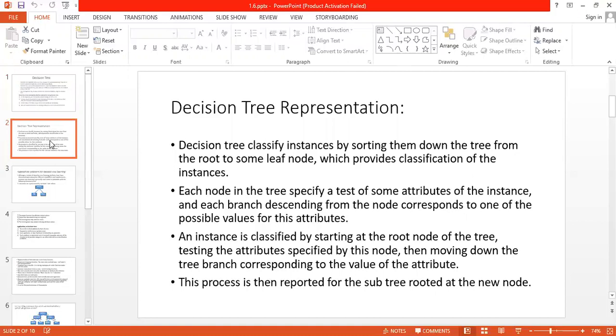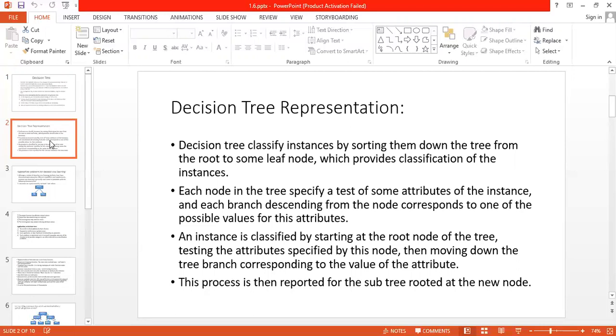Decision tree representation. Decision tree classifies instances by sorting them down the tree from the root to the leaf node, which provides the classification of the instances. Before elaborating, I will explain what kind of training set there is. Suppose one example is whether the person will get a loan or not. On the basis of this question, there are some training examples.